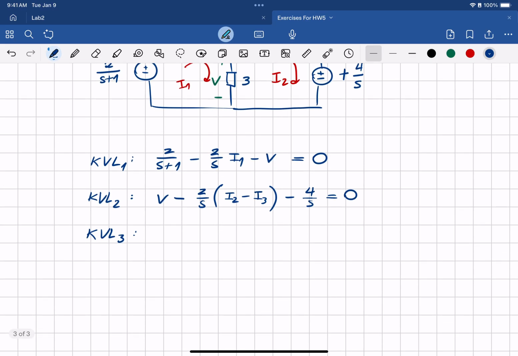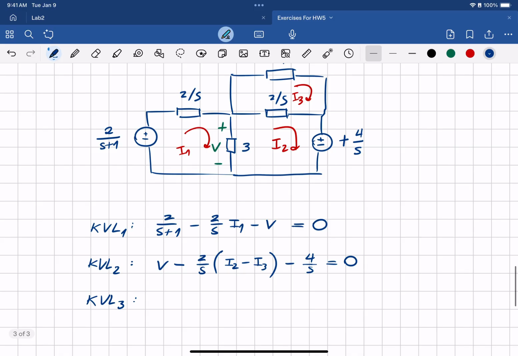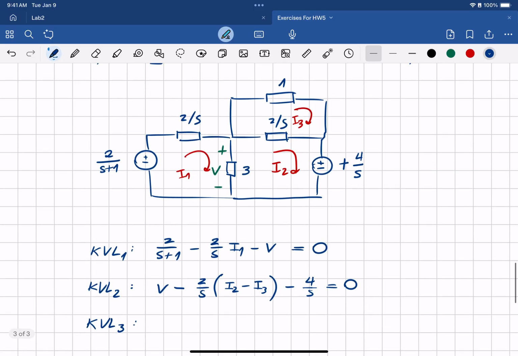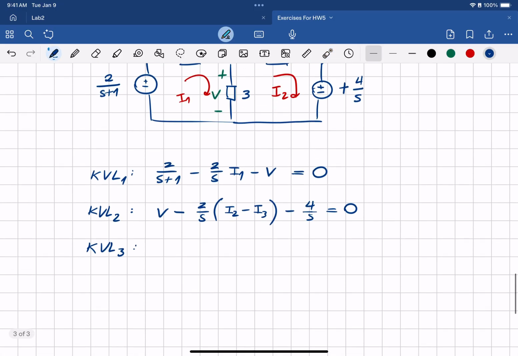And for KVL 3, to avoid putting more I2 and I3, we can take this loop. That is going to be easier, right? Because we have V, we have the source, and I3 is going to be the only unknown variable.